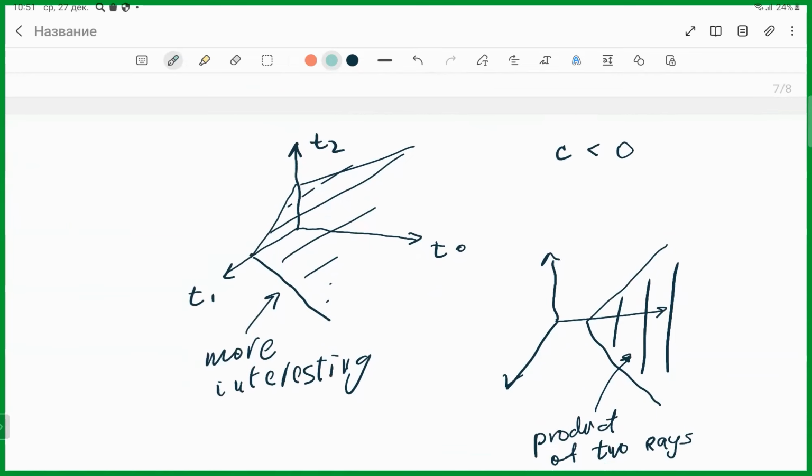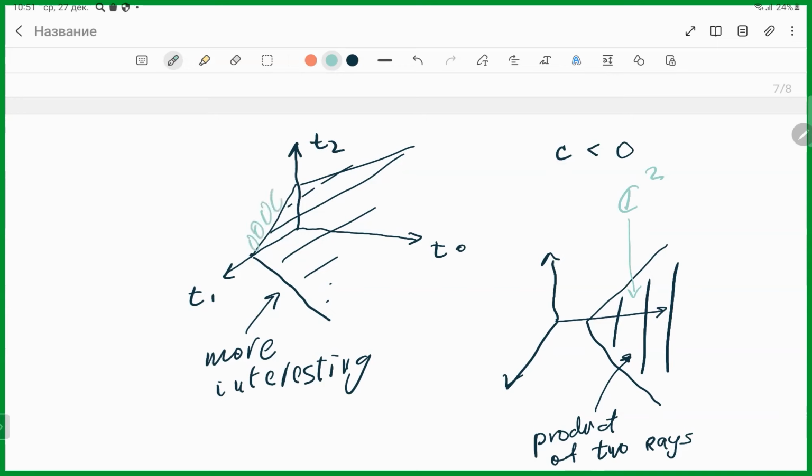Now, this product of two rays is clearly C squared. And this more interesting figure corresponds to the following.